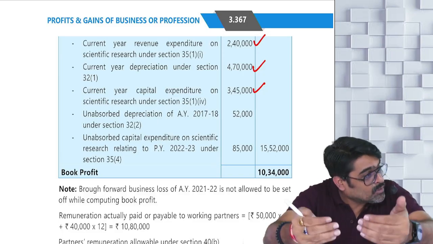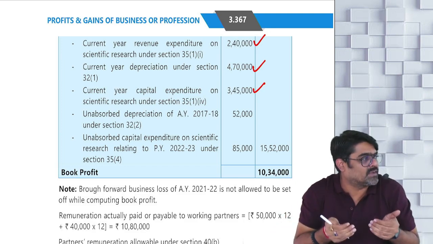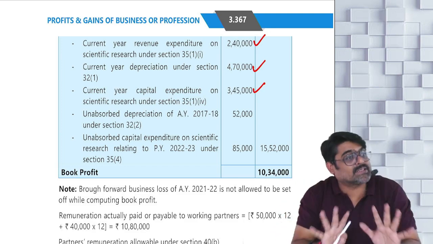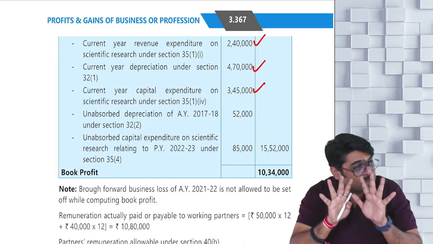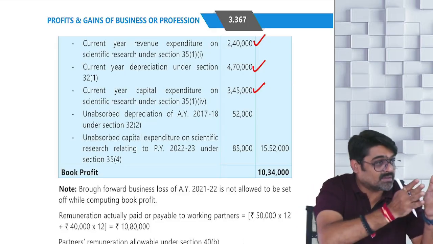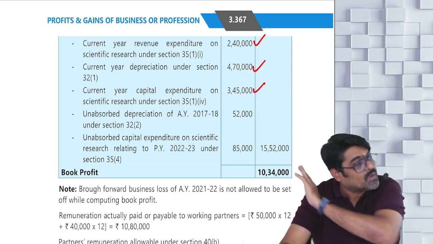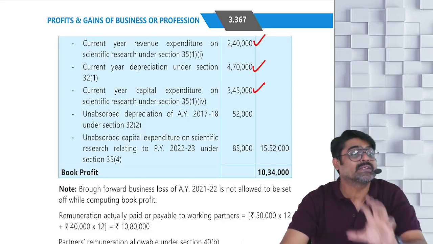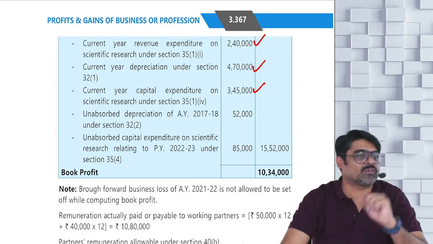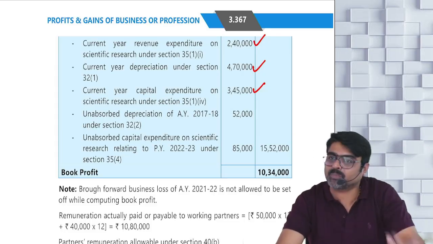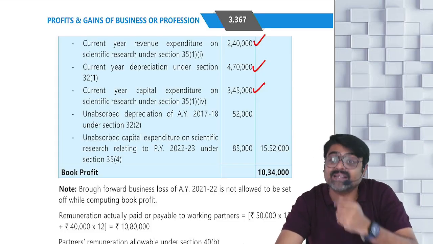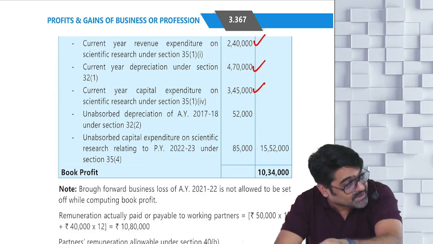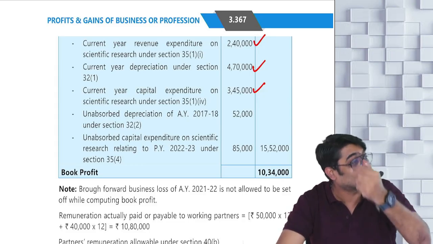So when you are calculating your business profits of this year, all the deductions available under the head PGBP, from section 30 to 37(1), you are supposed to take. In those deductions, unabsorbed depreciation and unabsorbed capital expenditure will also come, because that deduction is available as per section 32(2) as well as section 35.